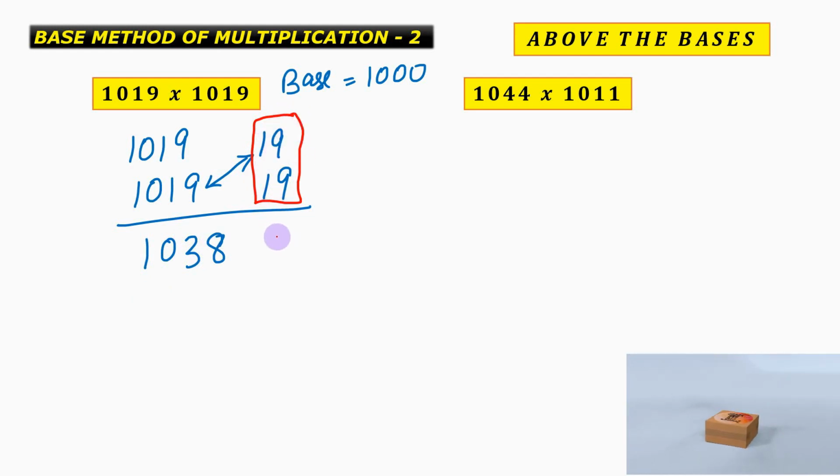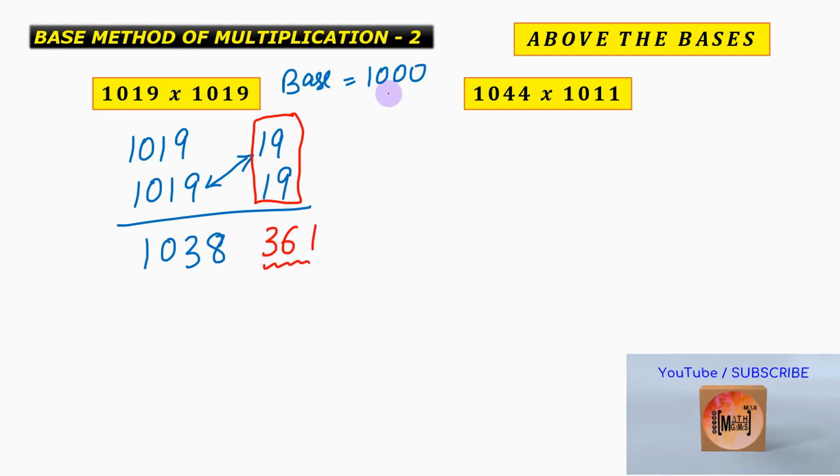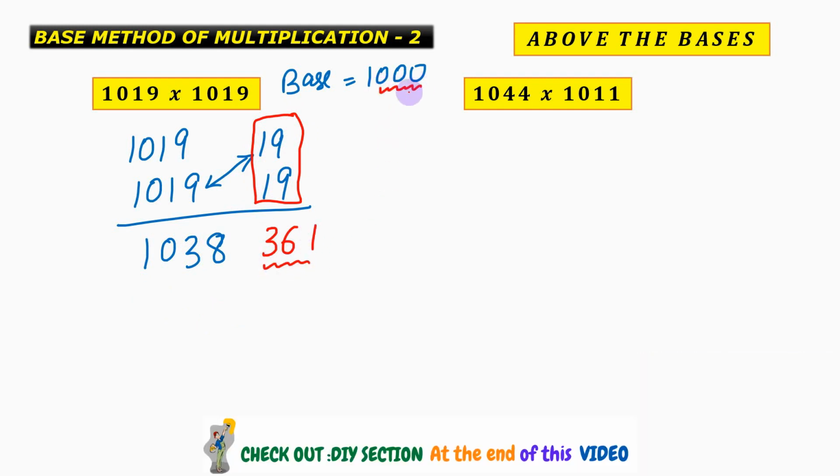So 19 into 19 will give us 361, and because 361 is a 3-digit number and there are 3 zeros in the base, so this is the answer for this multiplication, that is 1038361. Now for the next question, we write 1044. The base here is again equal to 1000.